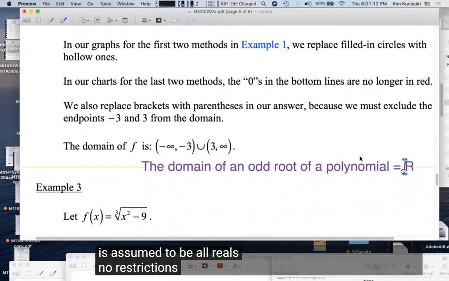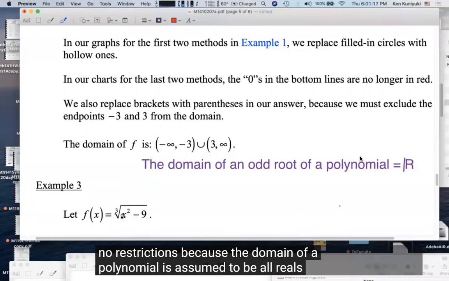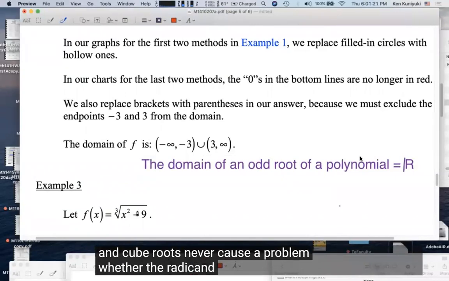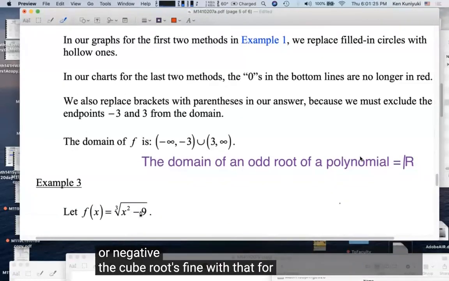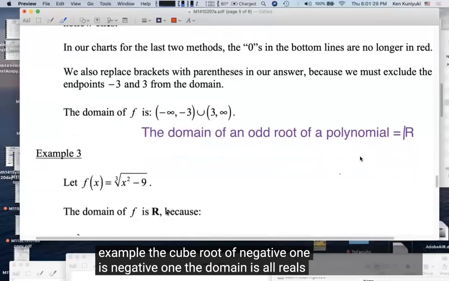No restrictions. Because the domain of a polynomial is assumed to be all reals. And cube roots never cause a problem. Whether the radicand is positive or 0 or negative, the cube root's fine with that. For example, the cube root of -1 is -1. The domain is all reals.